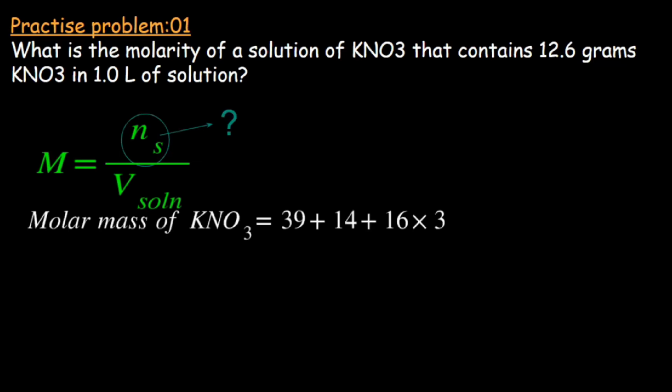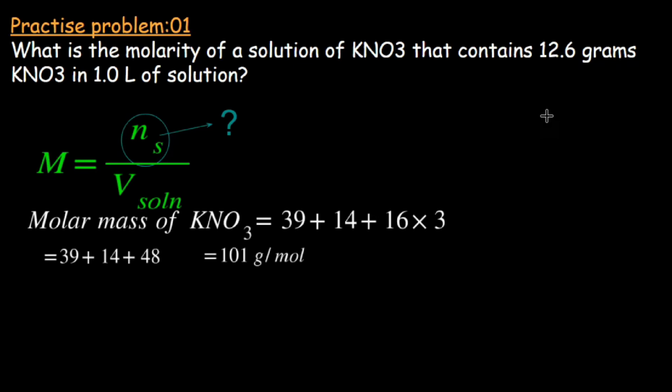For this, the molar mass of potassium nitrate: potassium is 39, nitrogen's mass is 14, oxygen's mass is 16, which is multiplied with 3. 16 multiplied by 3 makes 48. So 39 plus 14 plus 48 equals 101 gram per mole.